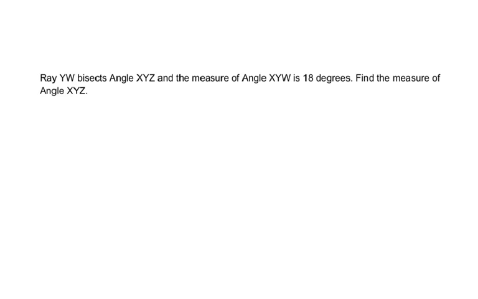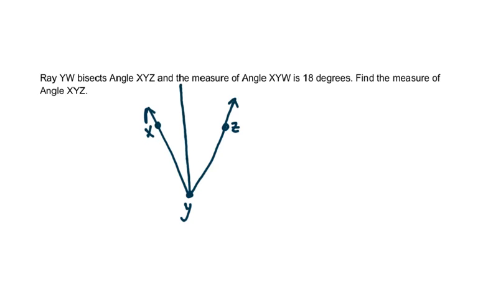Now we get into the word problems. We've got 3 of them. They're all the same idea. We've got angle XYZ. So X, vertex has to be Y as the middle letter, Z, and it's being cut into by YW. So from Y out to W. They tell me the angle XYW is 18.